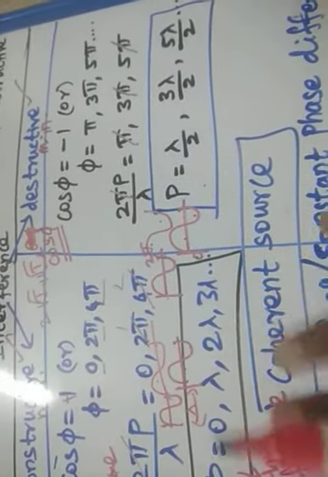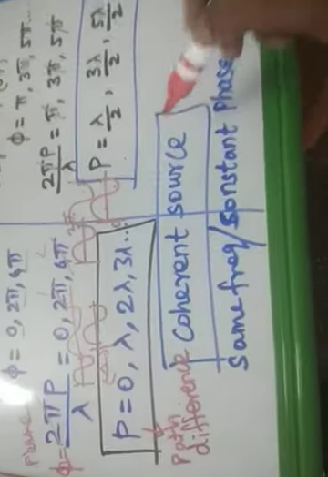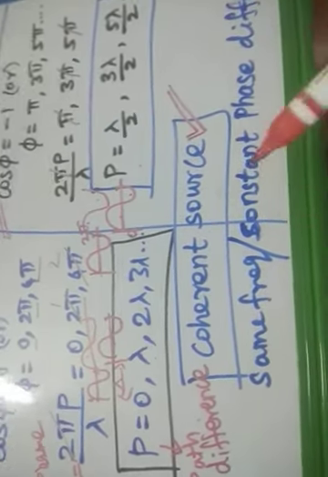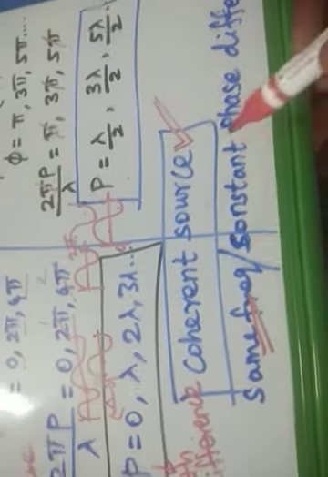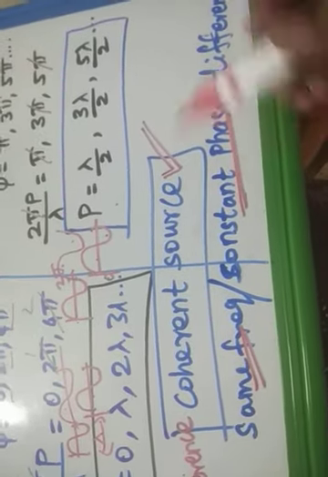Another very important condition for constructive and destructive interference is that the light sources must be coherent. What is coherent? The two light waves have the same frequency and a constant phase difference or zero phase difference.